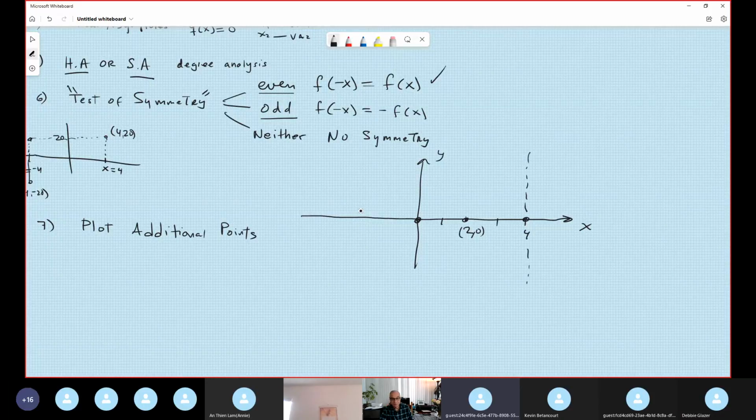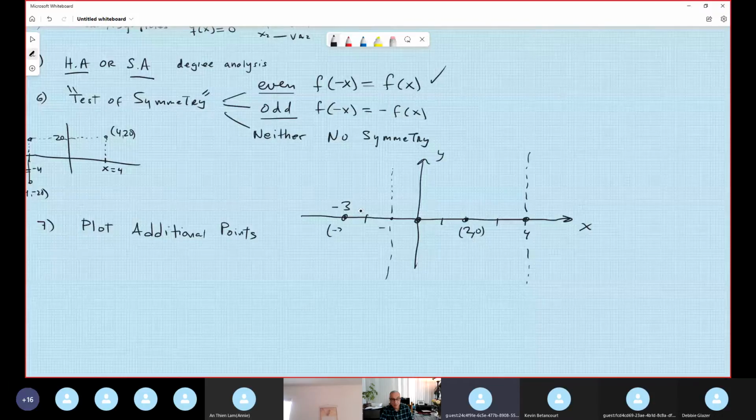In the negative part, we have another one here, at -1, another vertical asymptote, and we have maybe at -2 and -3 another x-intercept, (-3,0).